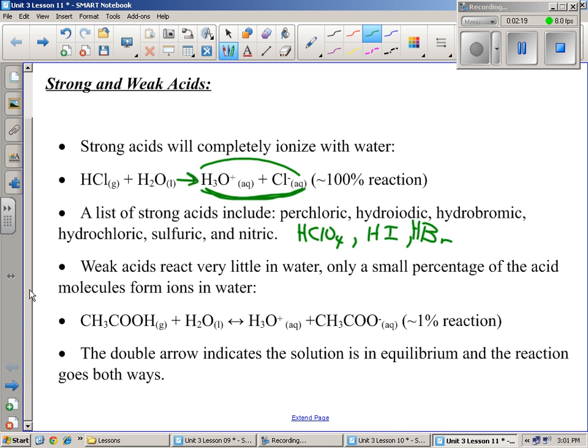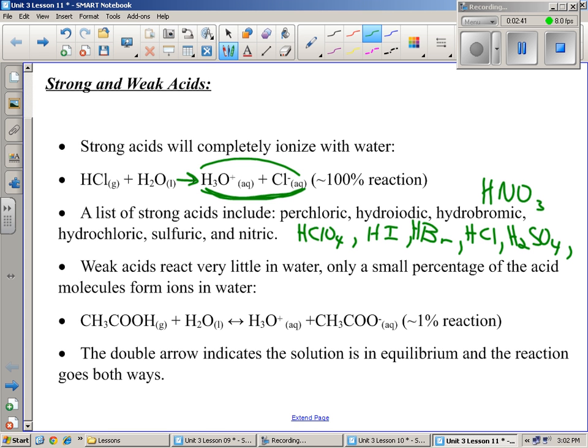Hydrogen bromide, hydrogen iodide, hydrochloric, HCl, hydrogen chloride. Sulfuric comes from aqueous hydrogen sulfate. And the last one here is nitric, which of course comes from aqueous hydrogen nitrate.